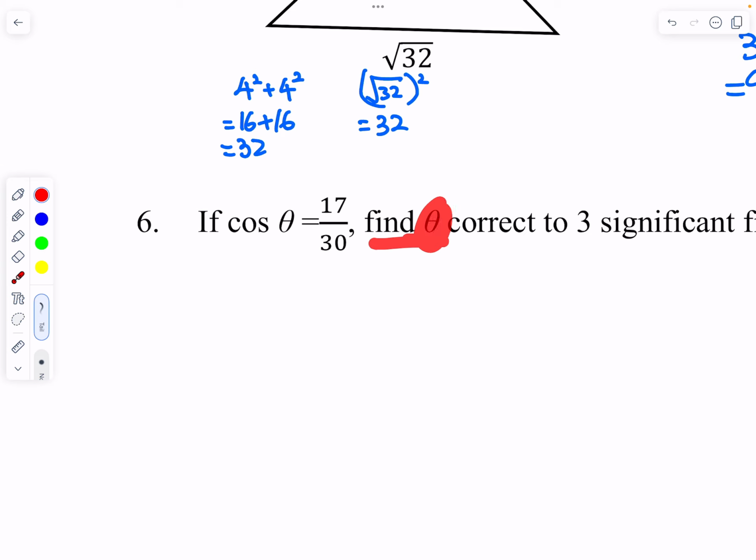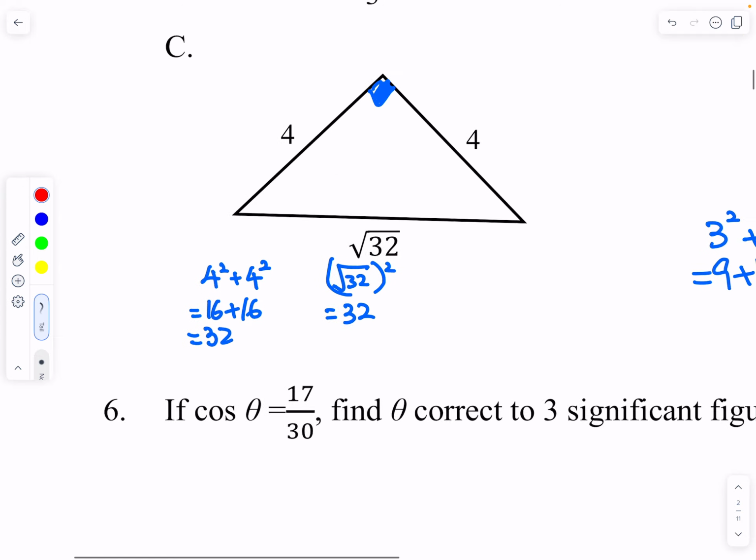Next, how can I find theta? Theta means the angle here from this expression. Now I just need the theta. I don't need the cosine. Then how do I find it? If you don't want the sin, cos, tan, then you click shift. Shift in your calculator, let me see if I can show the camera.